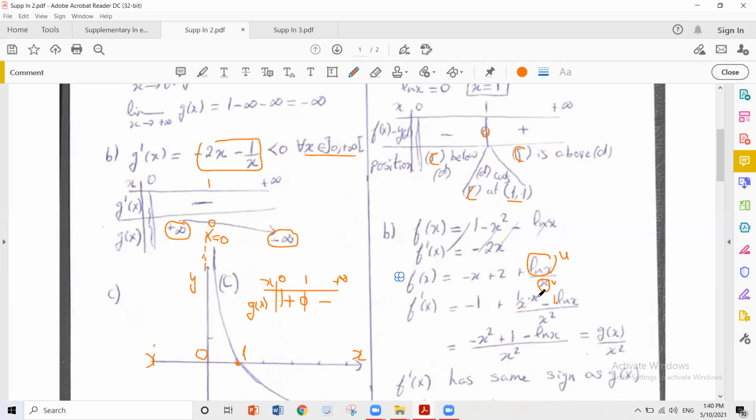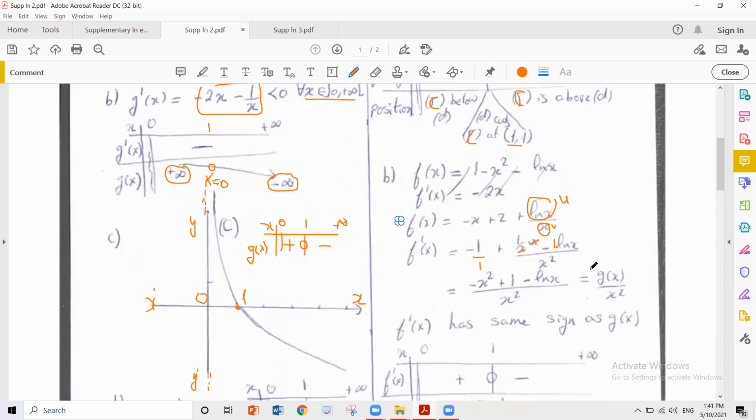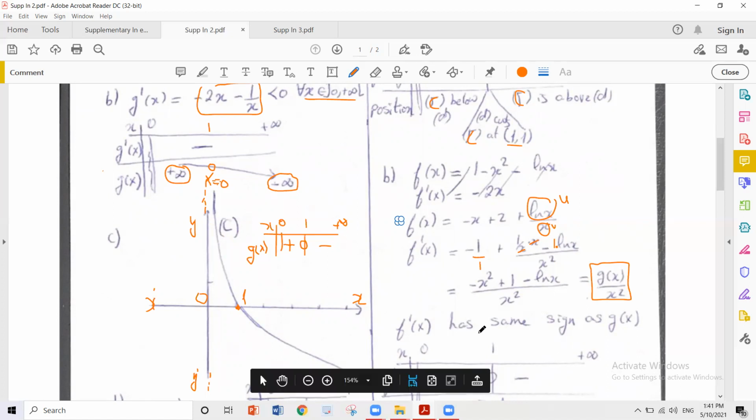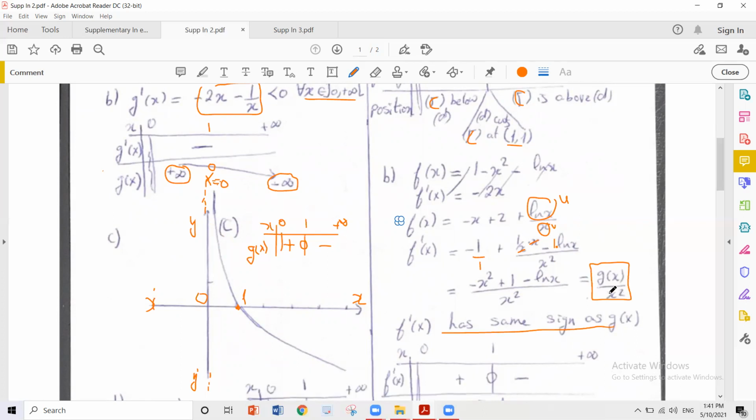x and x simplified. The LCM is x squared. So we get minus x squared plus 1 minus ln x over x squared, equal to g(x) over x squared. So f prime x has the same sign as g(x), since x squared is positive.